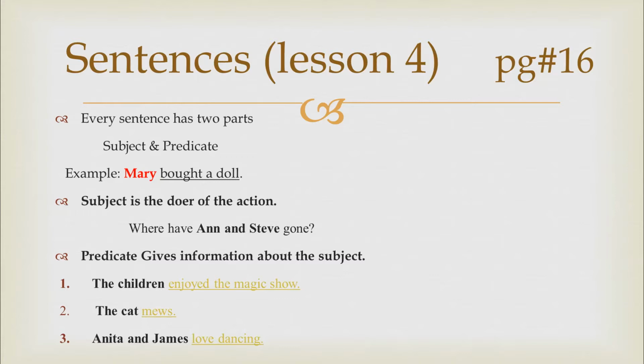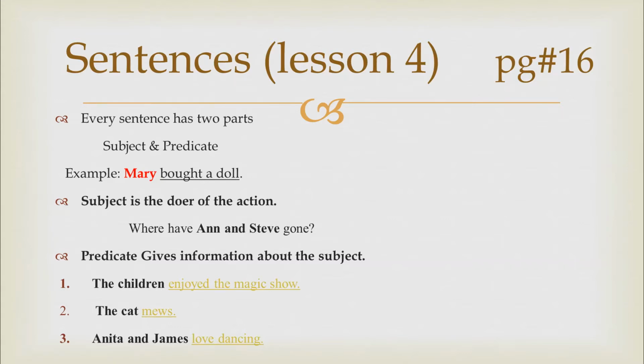A predicate must contain a verb. The cat mews. Mews gives information about the cat, so mews is the predicate. Anita and James love dancing. They both are doers of the action, they both are the subject, and love dancing is the predicate. To prepare yourself for the exam, revise all the exercises of lesson number 4.